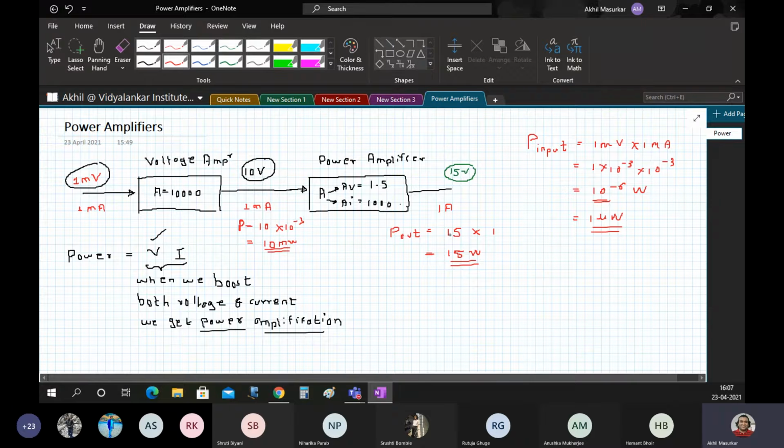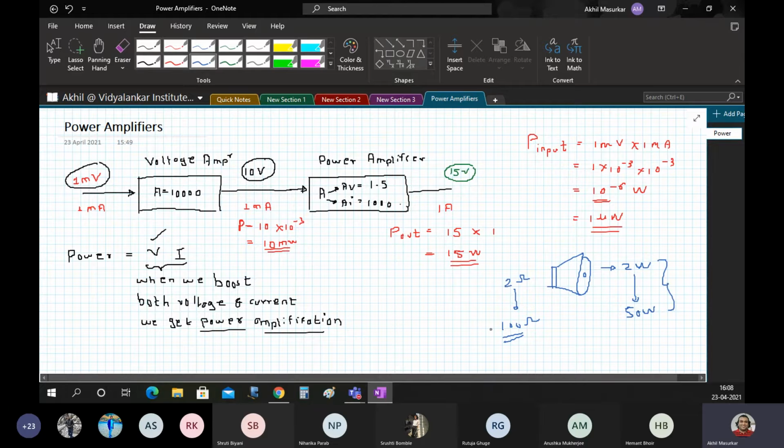We require the power to be in the range of watts, because if you look at a typical computer speaker, it is in the range of 2 watts. The range is actually 2 to 50 watts, and the input impedance is around 2 ohms to something like 100 ohms.